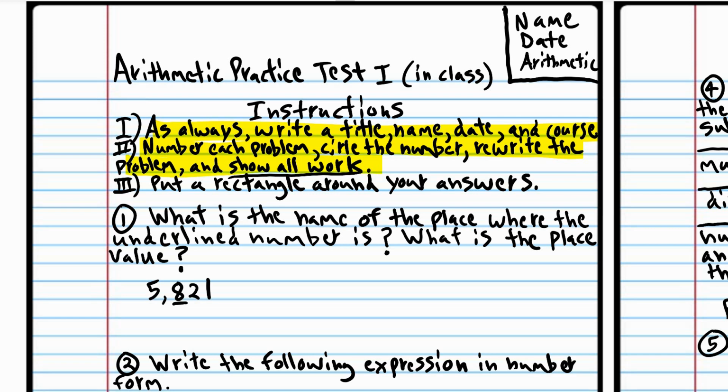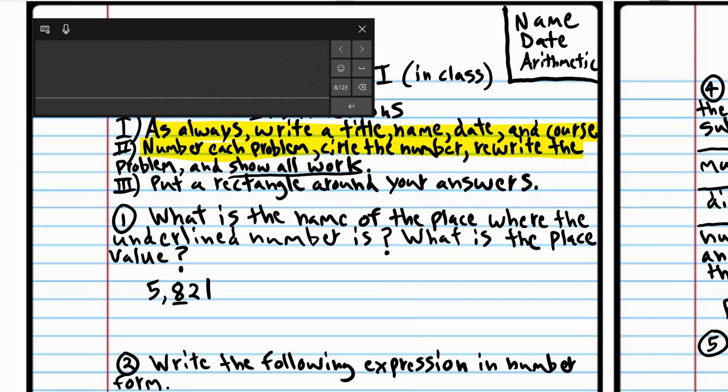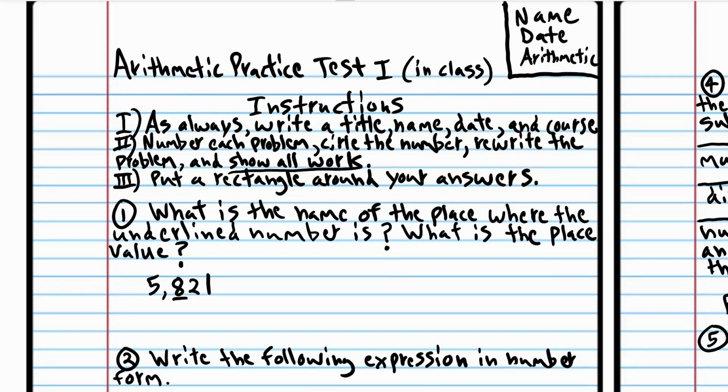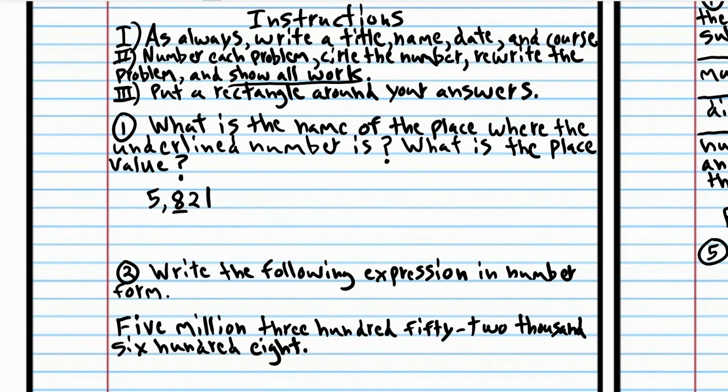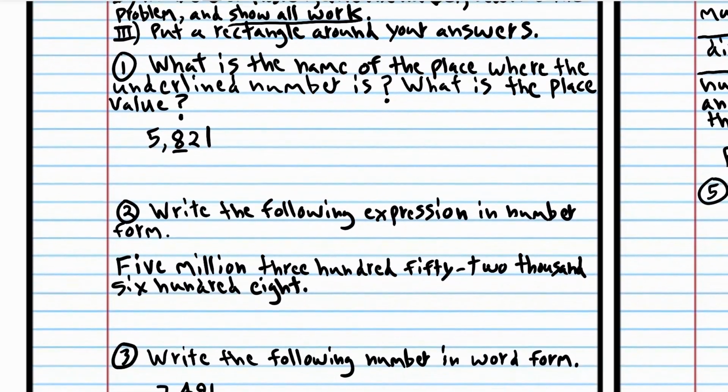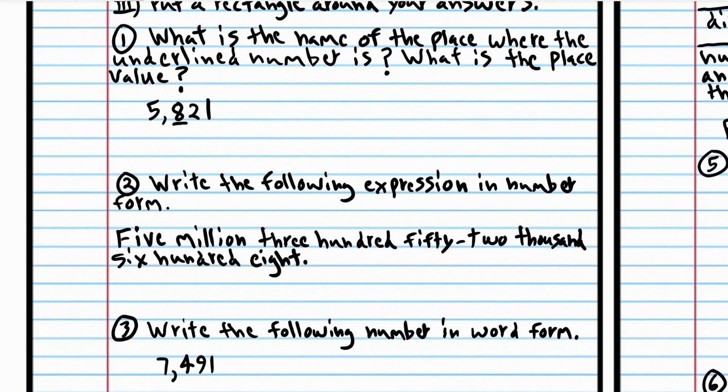You're going to do everything on this test that you did in the homework. It's got to be orderly. I don't want to see a bunch of slop on your paper, and nobody else wants to see a bunch of slop on your paper. Put a rectangle around your answers, just like we've always done. So your practice test should look just like this. And let's get going here.